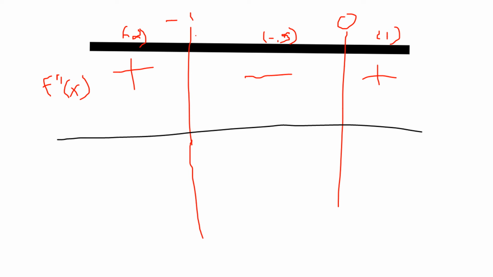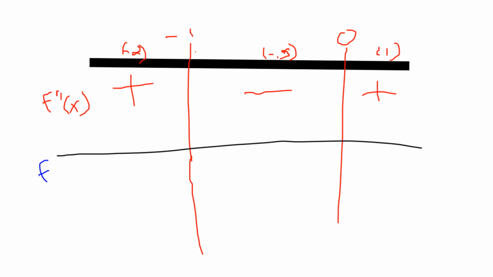Then we're going to look at f of x now, because we have found the f double prime of x. Because it's positive, we know it's concave up, and it's negative, it's concave down, and then it's positive, it's concave up again.